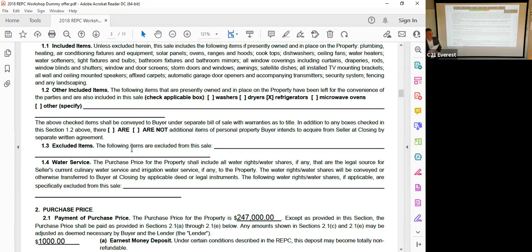If the seller wanted to leave it, just include the refrigerator, and that's fine, because the contract is going to uphold whatever people put their signatures on. But if they want to take it with them as an excluded item, then they would need to modify this.